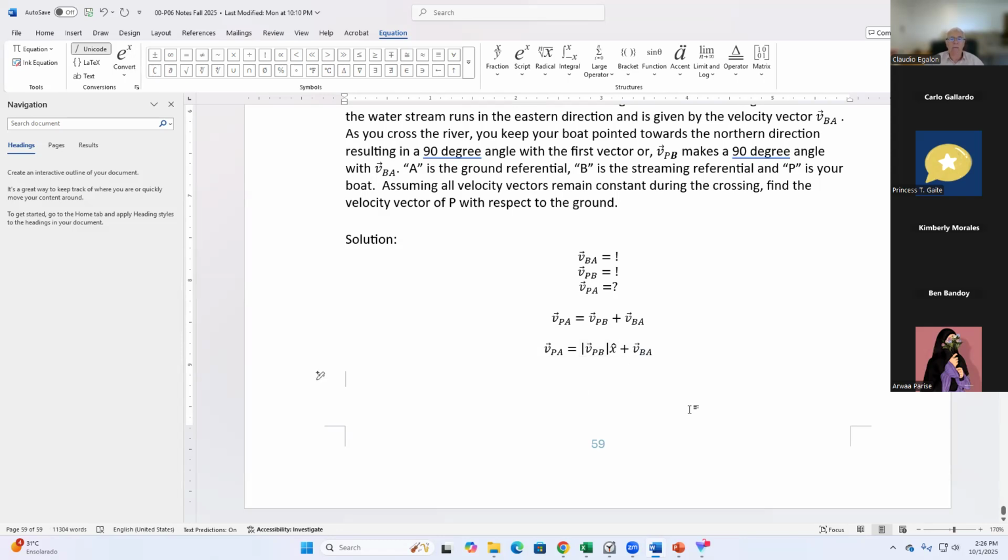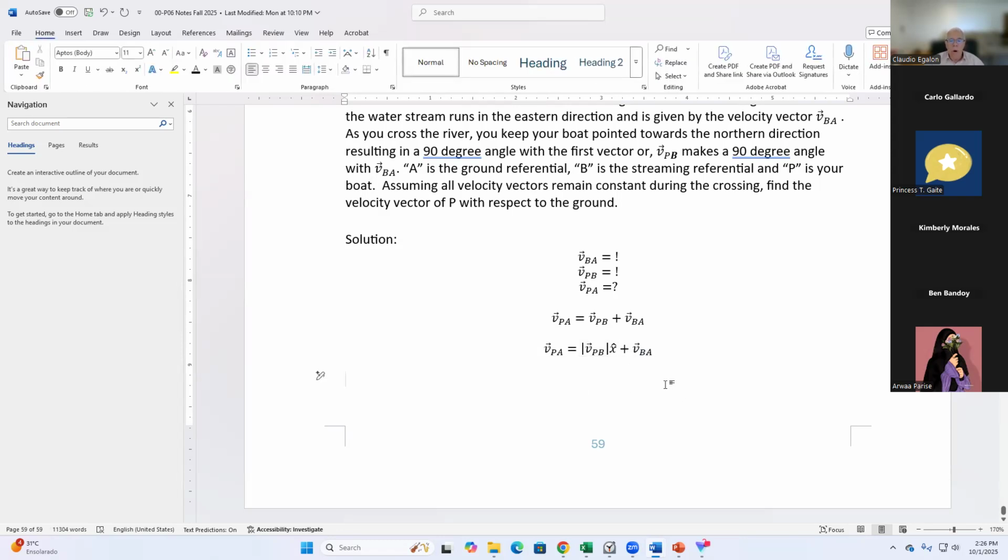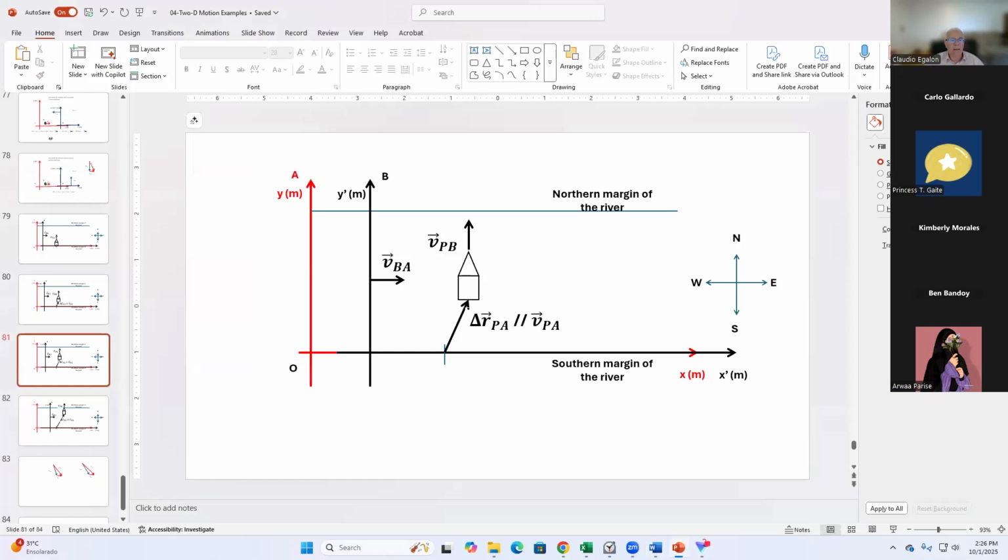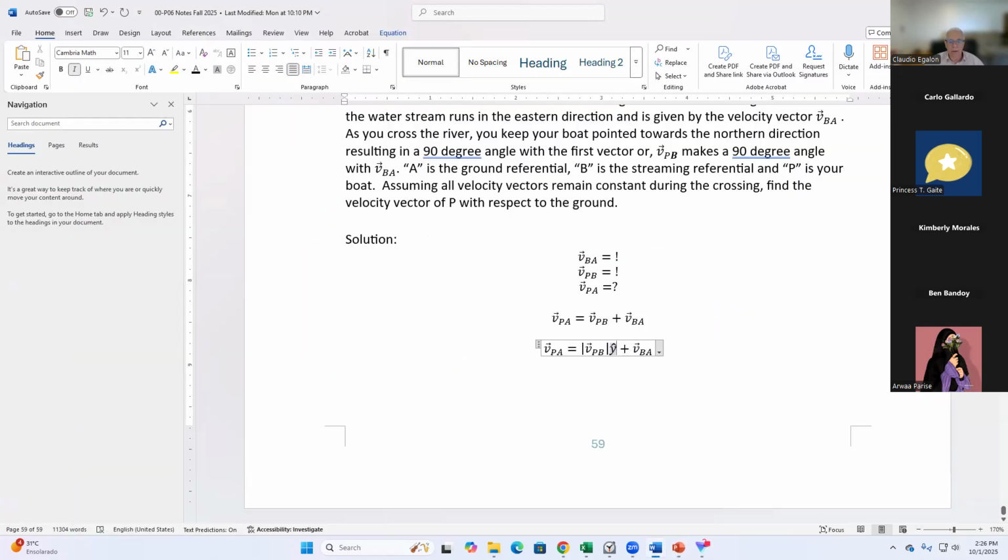Oh, no, sorry, it's not y hat. Y hat is the other one. This one is going to be x hat. This one could be the y hat, the northern direction. Going back here, that is the northern direction. And the other one is going to be the x hat direction.